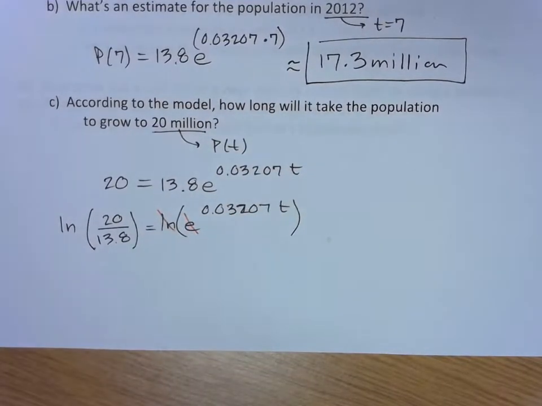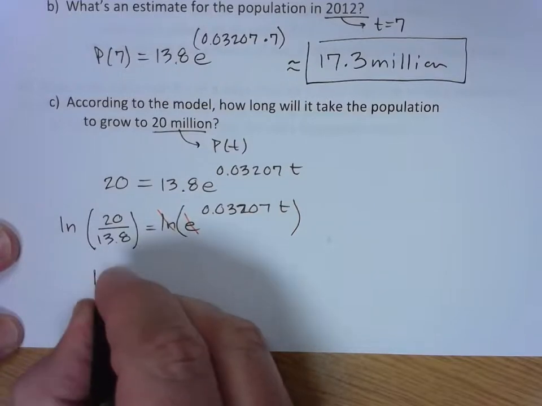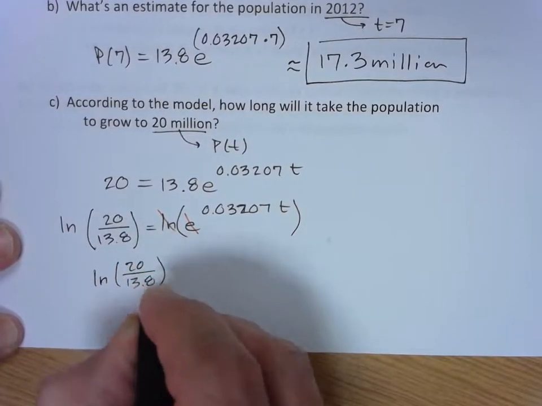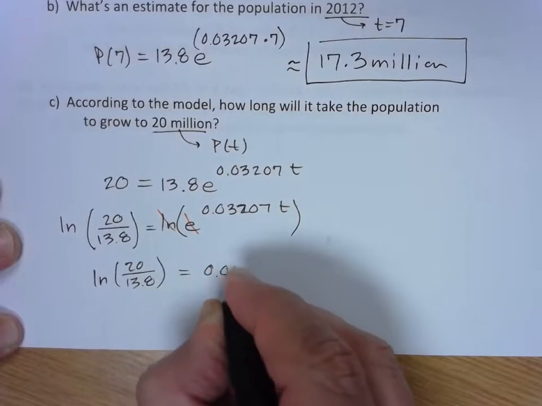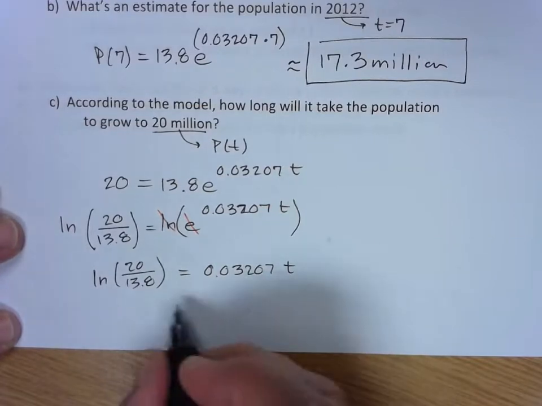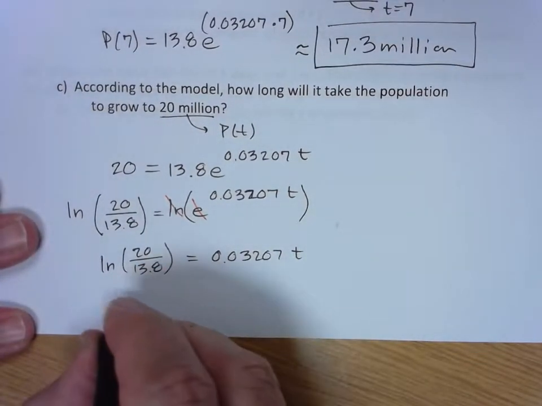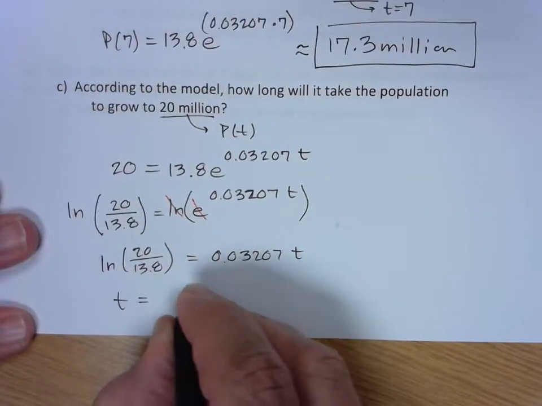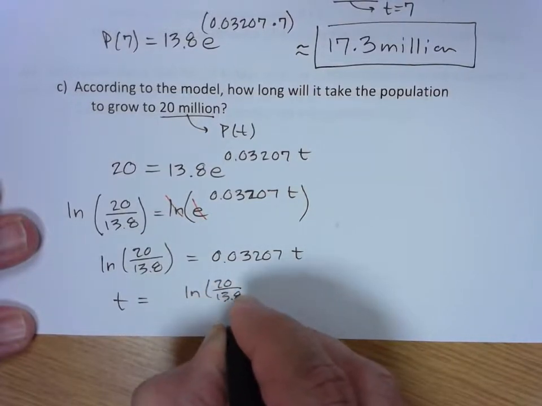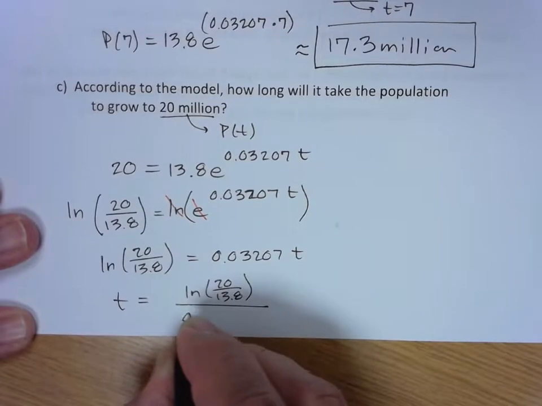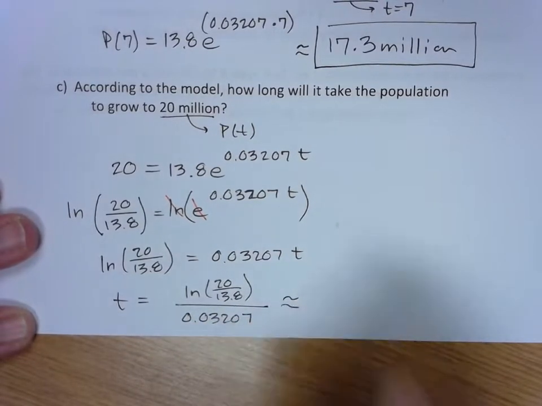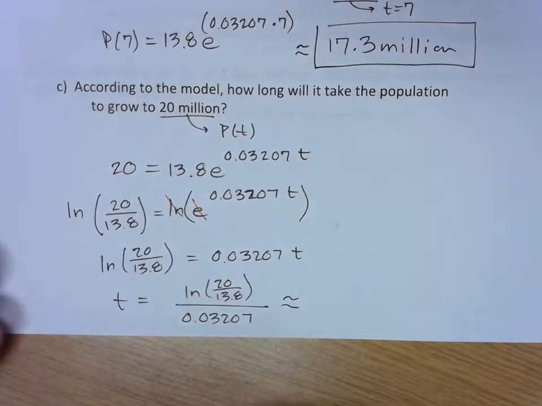Cancels out. So I'll have natural log of 20 over 13.8 equals 0.03207 times t. So here's the calculation I need to do in my calculator. t will equal the natural log of 20 over 13.8 divided by my k value, 0.03207, and let's see what time that's going to produce.